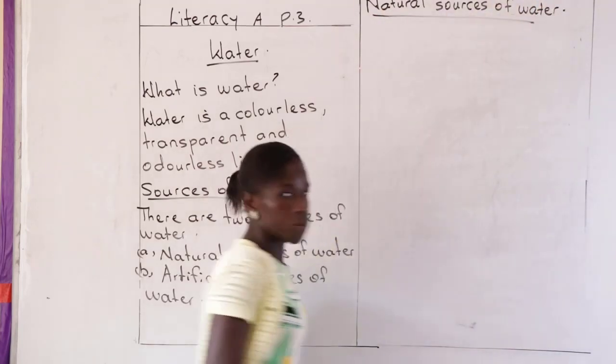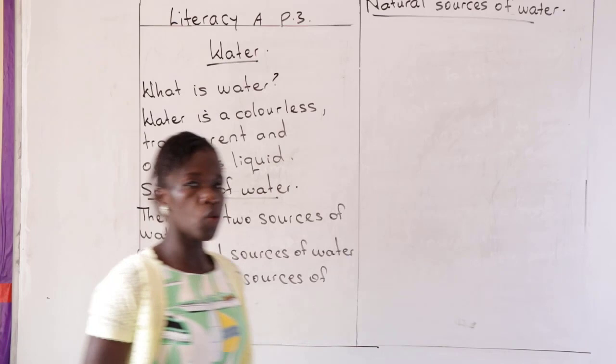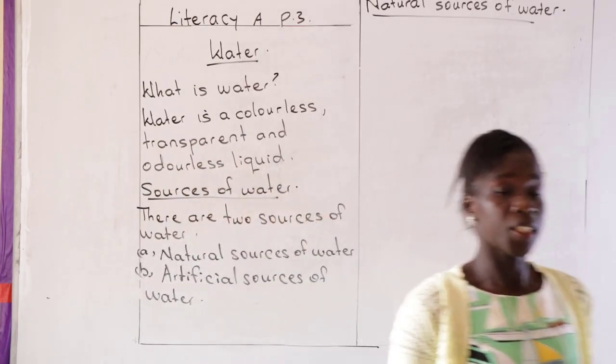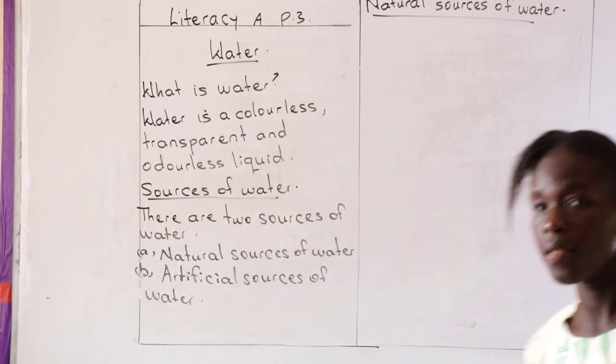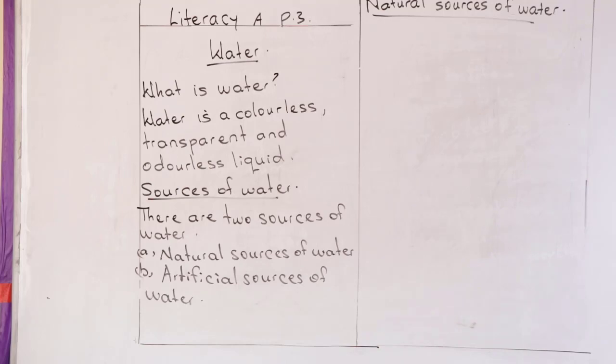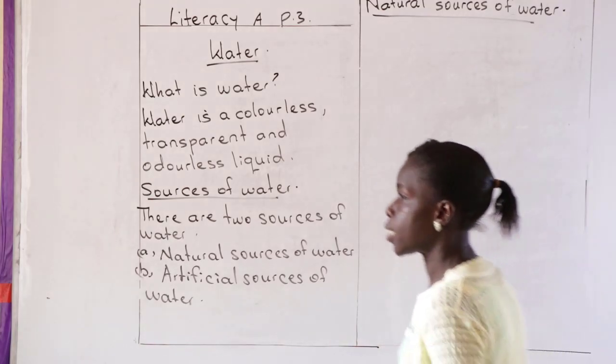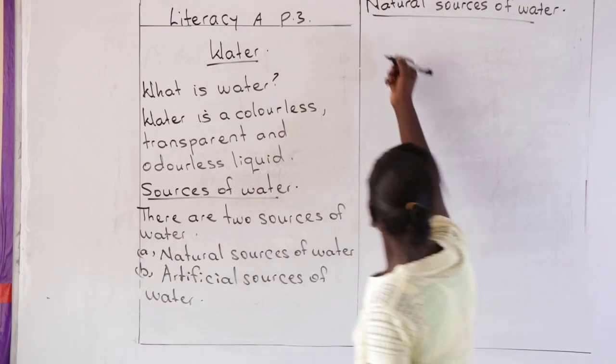The natural sources of water. First of all, you need to understand what natural sources of water are. Natural sources of water are the sources of water made by God.